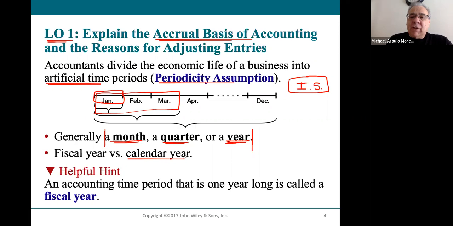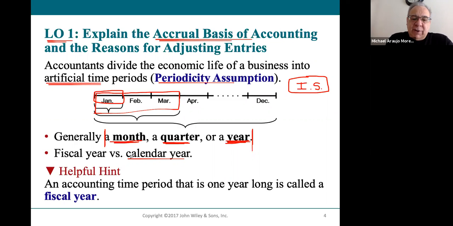So for every month in that year, we would have an income statement. And then, of course, a 3-month period, we could show the quarterly income statement and profit and loss for the quarter. So we can compare quarters. This is what happens on Wall Street all the time. They look for quarterly earnings. That's what they're talking about. But the longest period of time we're going to measure is a year.